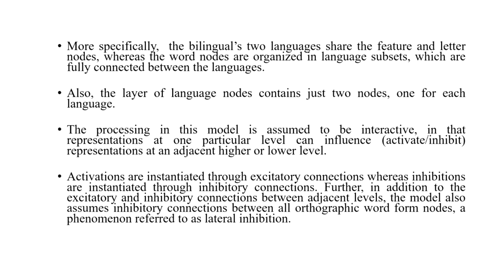Now, more specifically in the BIA model, the bilingual's two languages share the feature and the letter nodes. Given that there is a huge similarity of script between Dutch and English, and this model was initially developed using Dutch and English data, it is obviously possible that the features and the letters are common and shared across both these languages.